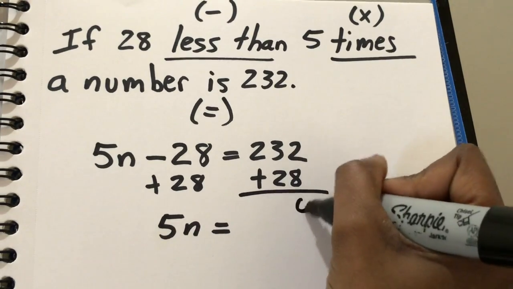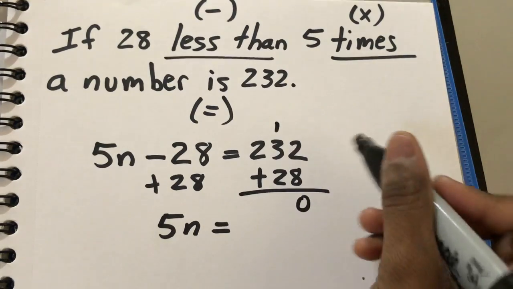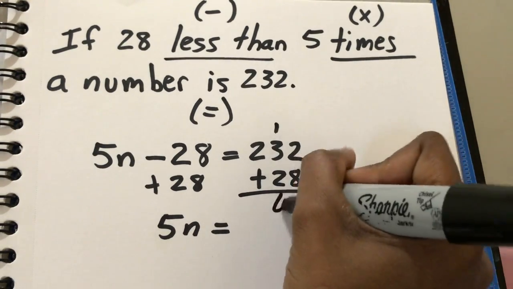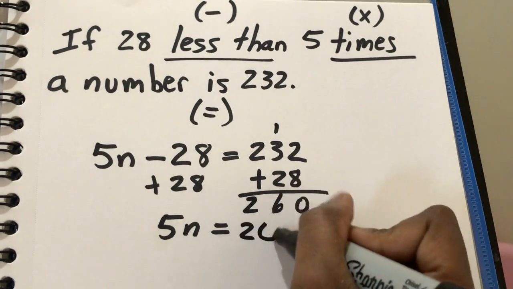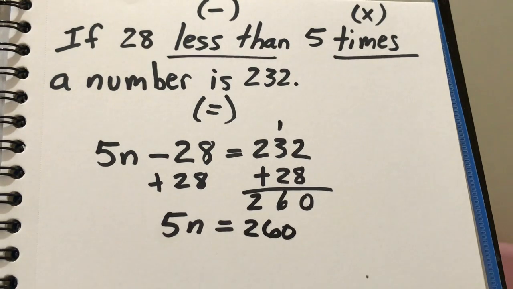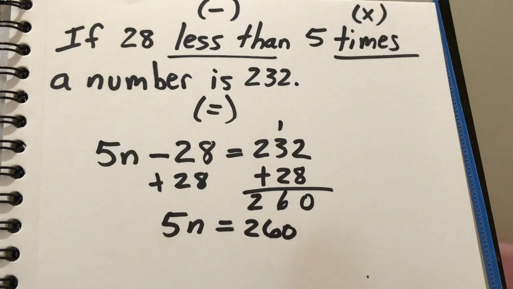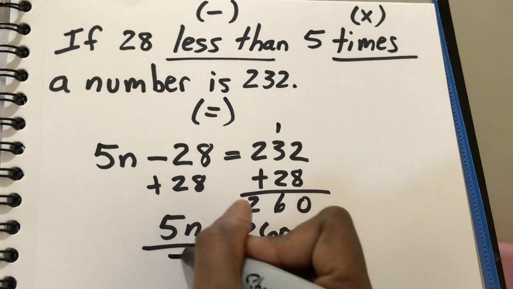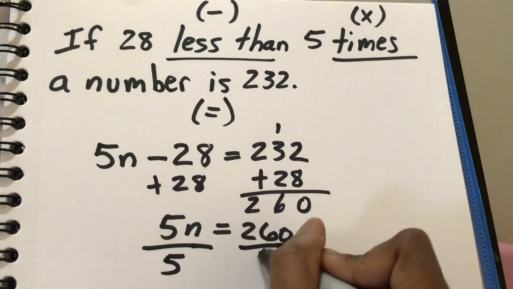Because if you do it this way, 2 plus 8 is 10, carry a 1, 3 plus 1 is 4, plus 2 is 6, 260. So 5n equals 260. Okay, so how do we cancel out the 5 here? We're going to divide, right? So we're going to divide both sides by 5.